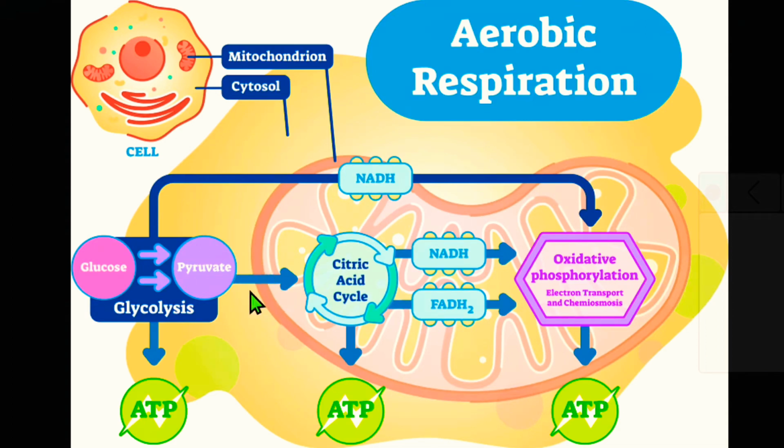Further, NADH and FADH2 go into oxidative phosphorylation or the electron transport chain or chemiosmosis. Then here ATPs are produced. This is aerobic respiration.